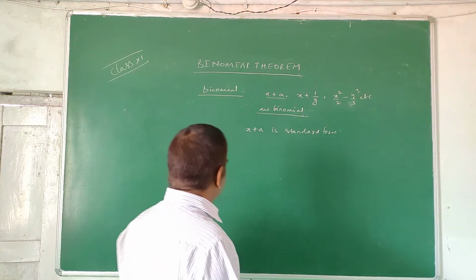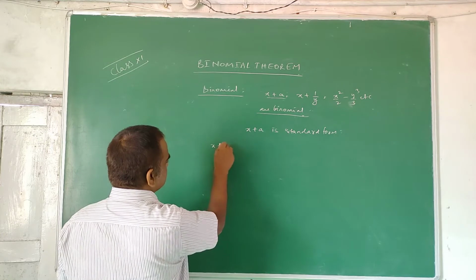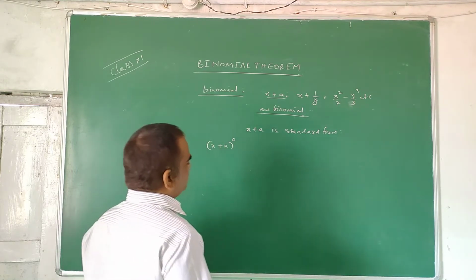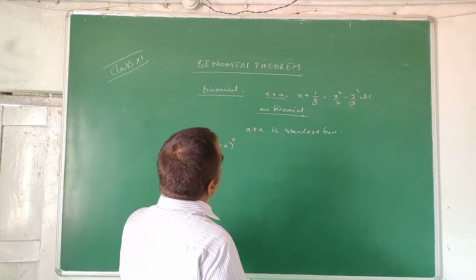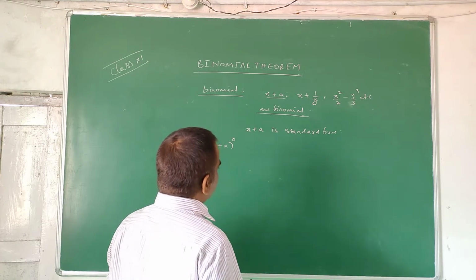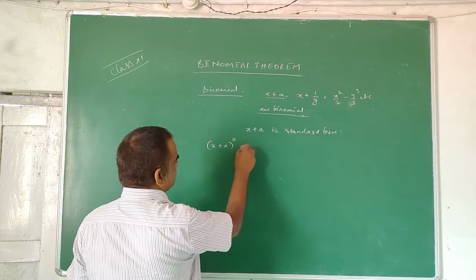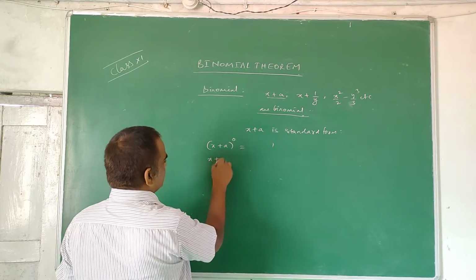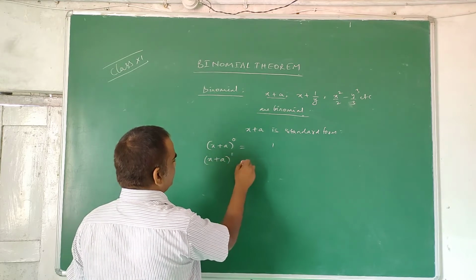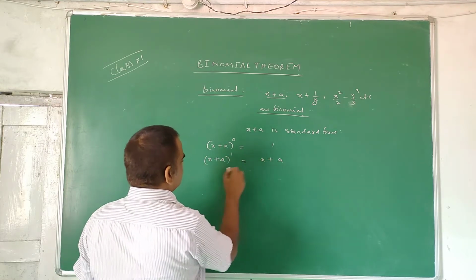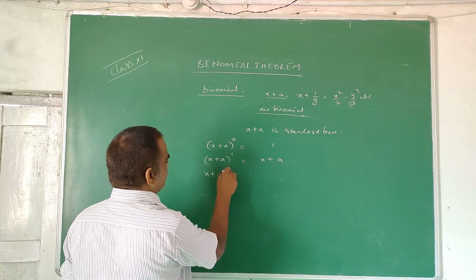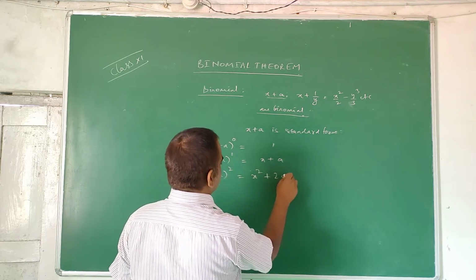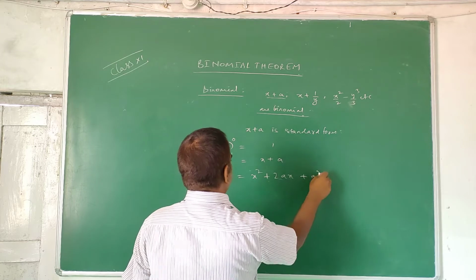So now we observe, okay, we raise this x plus a to some integral powers, and let us see what happens. x plus a whole power 0 is 1, x plus a whole power 1 is x plus a, and x plus a whole square is x square plus 2ax plus a square.